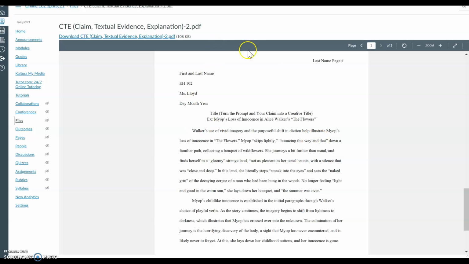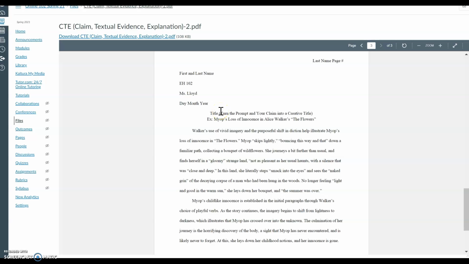You will notice that we're following MLA requirements for the main part of the paper: last name, page number, and your running header. Remember that everything is Times New Roman 12-point font. First and last name, EH 102, Mrs. Lloyd, and then the day, month, and year is the proper format for MLA.